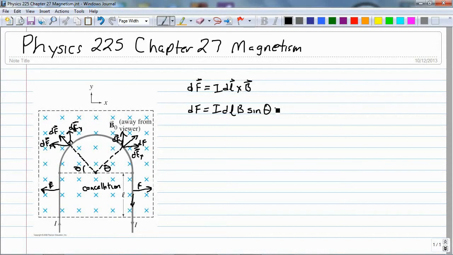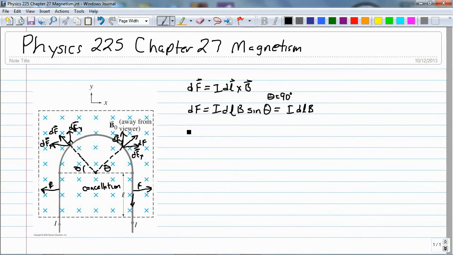And theta is just going to equal 90 degrees, so that leaves me with current times differential length times magnetic field because theta equals 90 degrees.